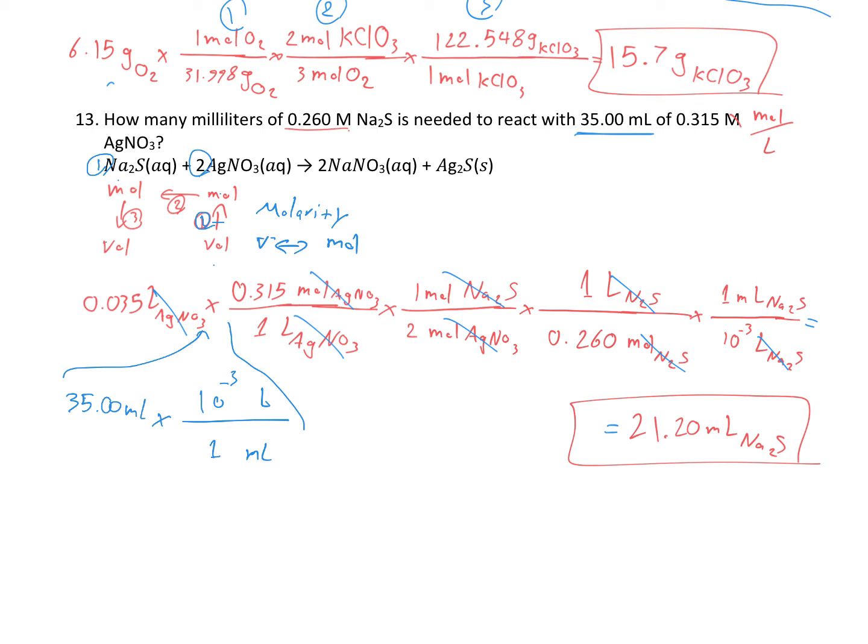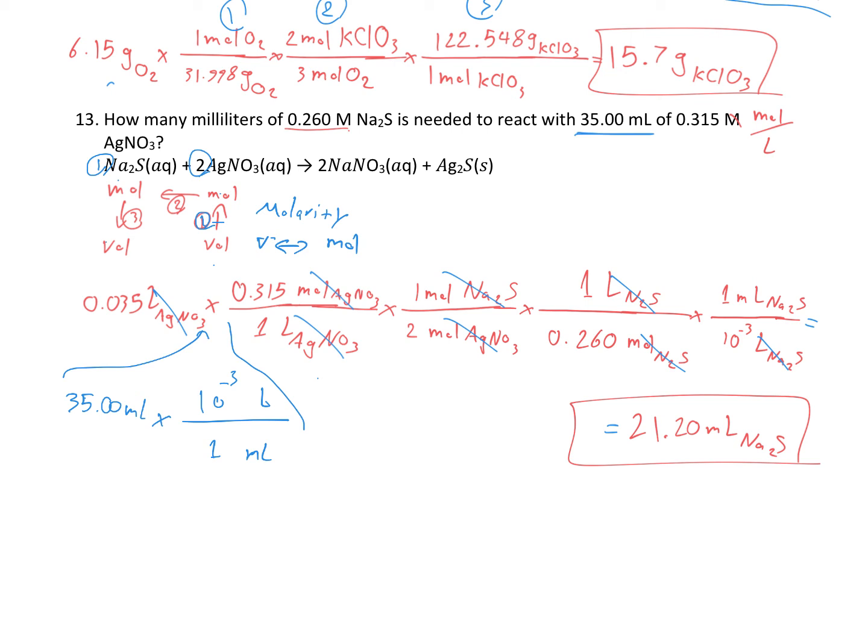We start with that. We need to go from the volume in liter to the mole, using the molar mass of silver nitrate, and then using stoichiometry with a balanced chemical equation. So 2 moles of silver nitrate equals 1 mole of sodium sulfide.